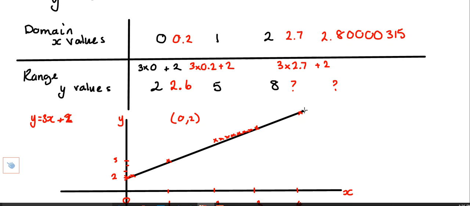Now, different functions have different patterns. If I looked at a quadratic pattern, what would all the points end up looking like? A parabola. Well done. A cubic, so anywhere where there's an x cubed, what shape was that? An S shape, yeah.